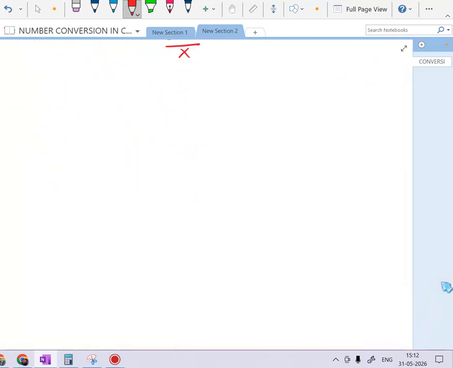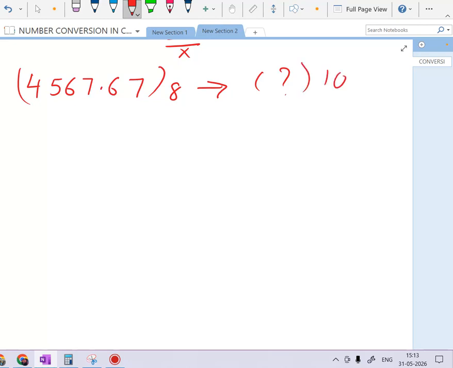And now we will learn what to do if we have an octal number. So let's quickly take one number, for example 4567.67. We have an octal number, and I have to convert it into the decimal value. So same pattern, with me base 8.